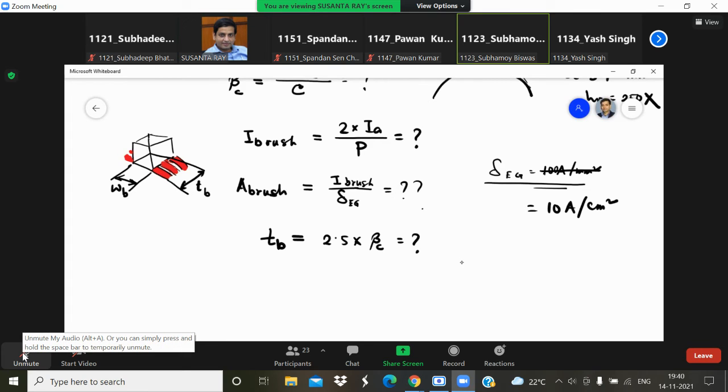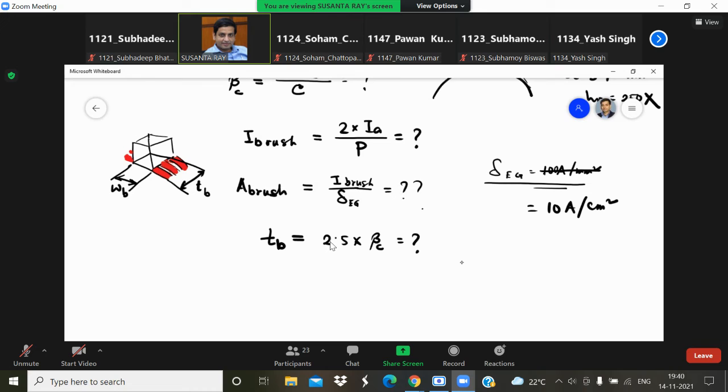Okay, sir, for a 30 kilowatt machine, I am getting thickness of 13.6 millimeter. You can get like that. Everything depends on the commutator pitch, and commutator pitch depends on the number of coils.